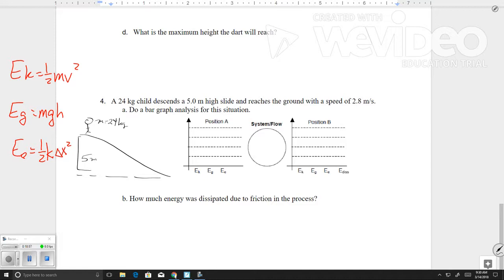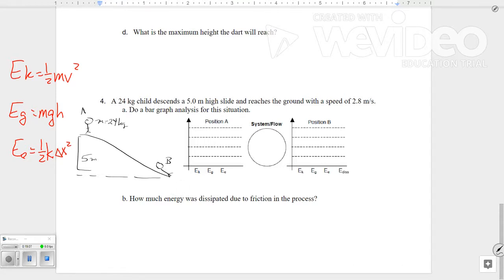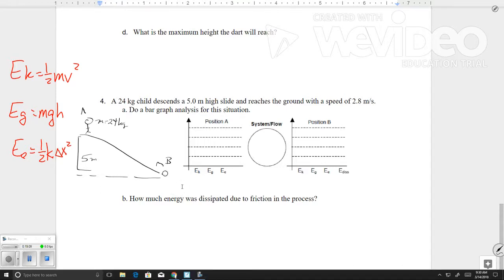And at the end, at point B, we're going to assume the height is equal to 0 and velocity is 2.8 meters per second.